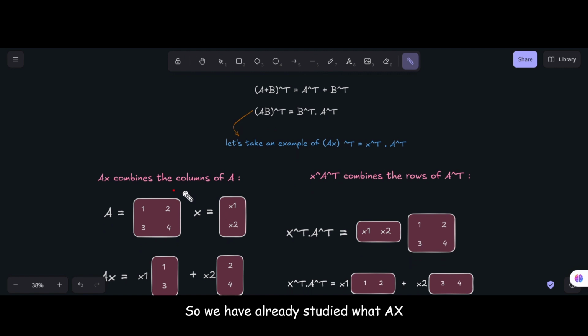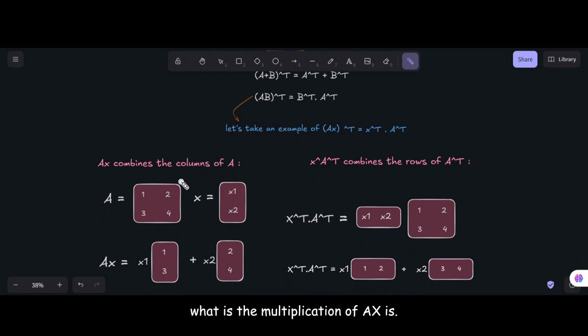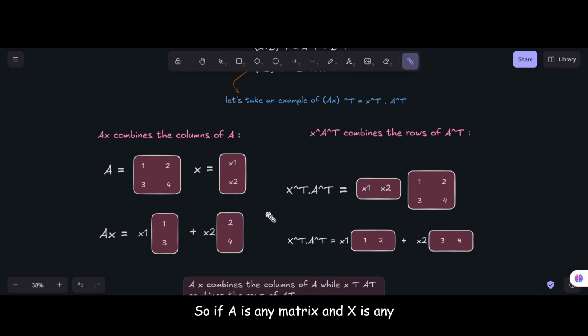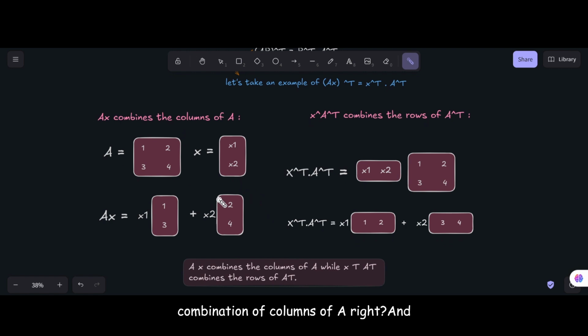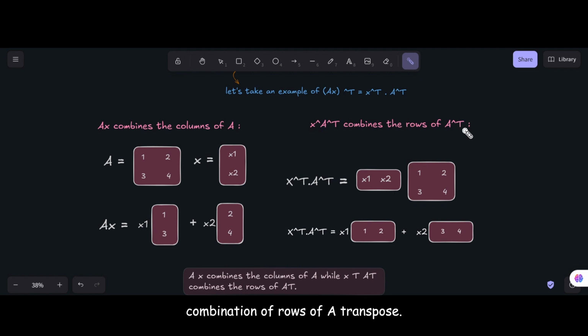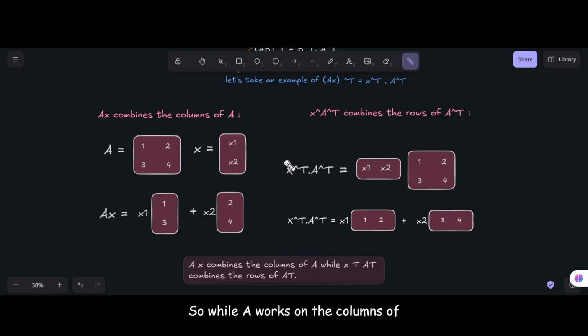We have already studied what the multiplication A dot X gives. If A is any matrix and X is any vector, then AX is the combination of the columns of A. With its transpose, it gives the combination of rows of A transpose. So while A works on the columns of A, its transpose works on the rows of A transpose.